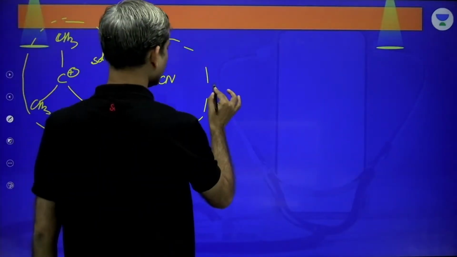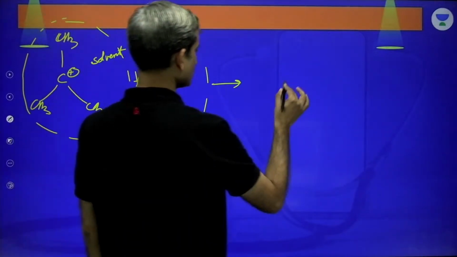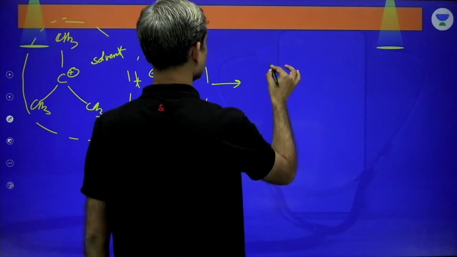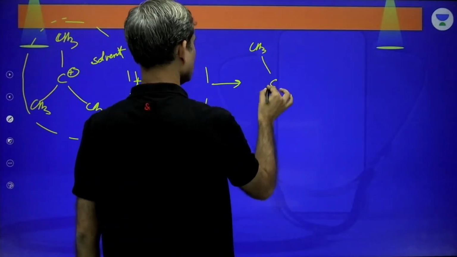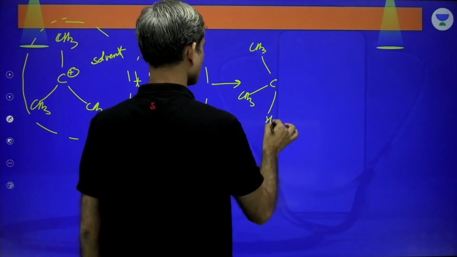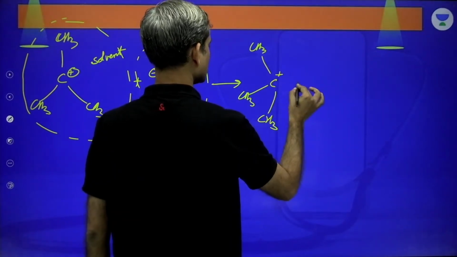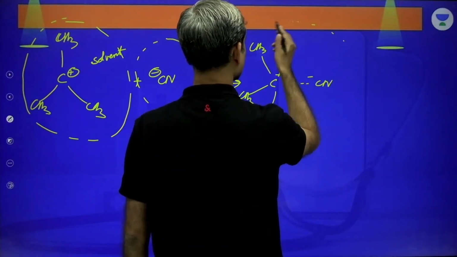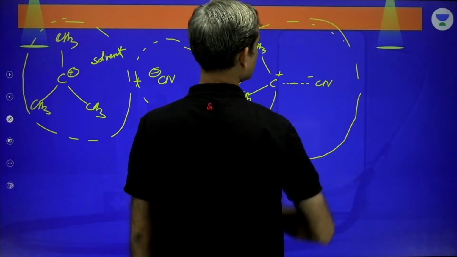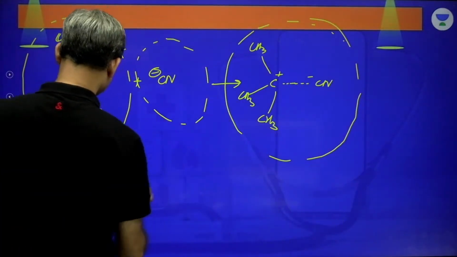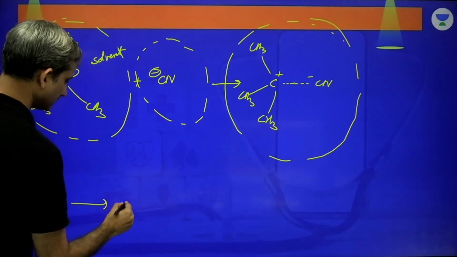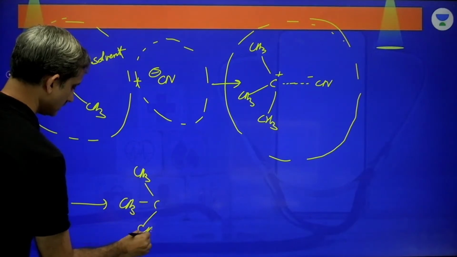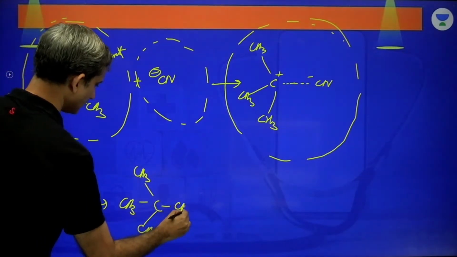So we get again a transition state. Now this transition state is where the solvation sphere breaks apart. We have C, CH3, CH3, CH3 positive interacting with CN minus, the entire thing solvated, and finally we get CH3C, CH3, CH3, CN.